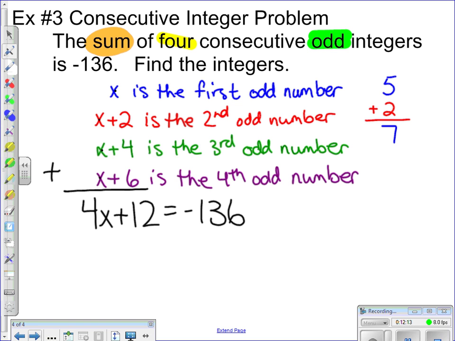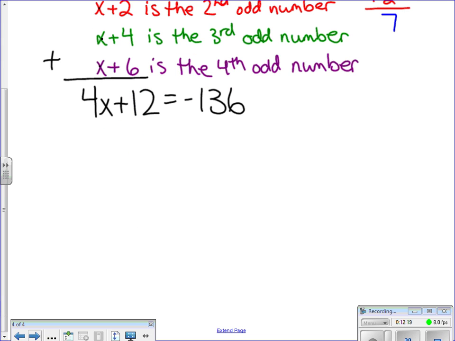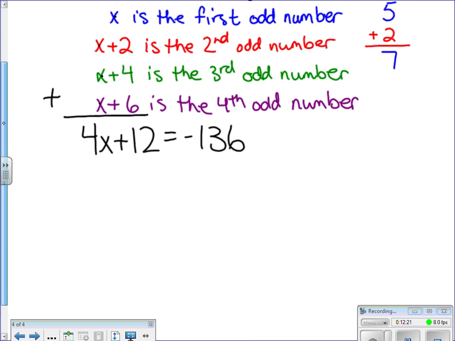Now if I use 2 steps and solve this, I'll know what the first number is. So I'm going to minus 12 because it says plus 12. Additive inverse crosses that out. So 4x equals, now keep in mind these are negative numbers. So if you're not confident with negative numbers, use your calculator.